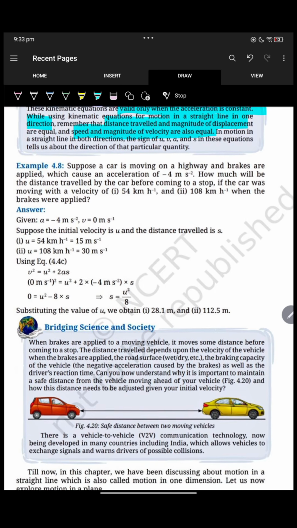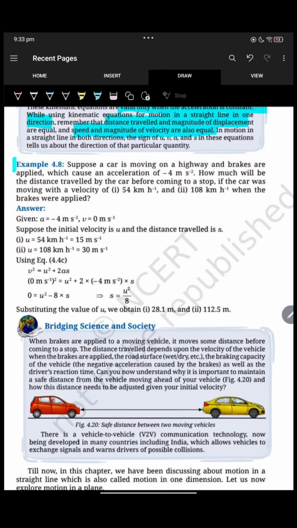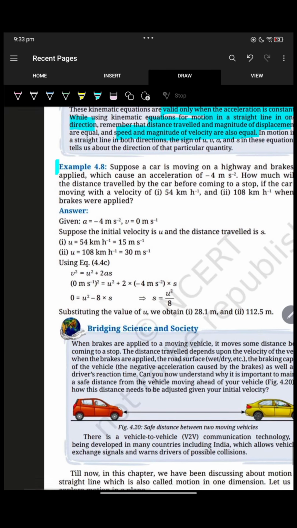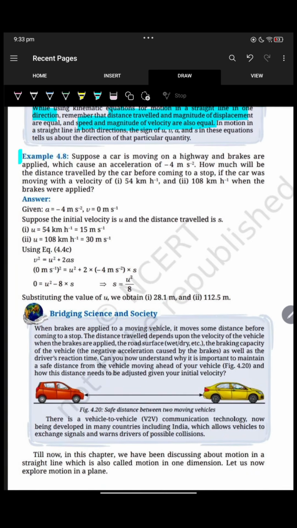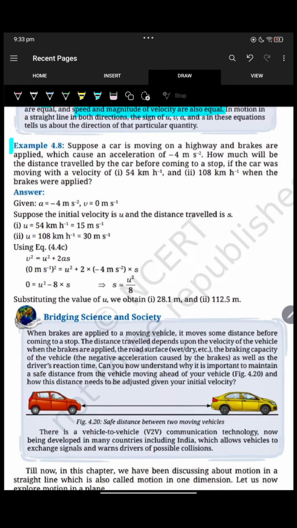So let us see this application of the concept. Suppose a car is moving on a highway and brakes are applied. Then the acceleration is negative, and this is known as deceleration or retardation. Remember one thing, the value of retardation is only the magnitude, because retardation means negative acceleration.